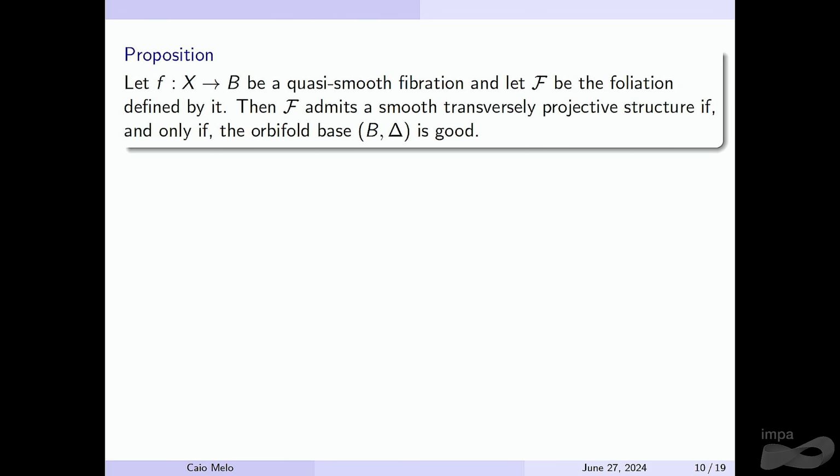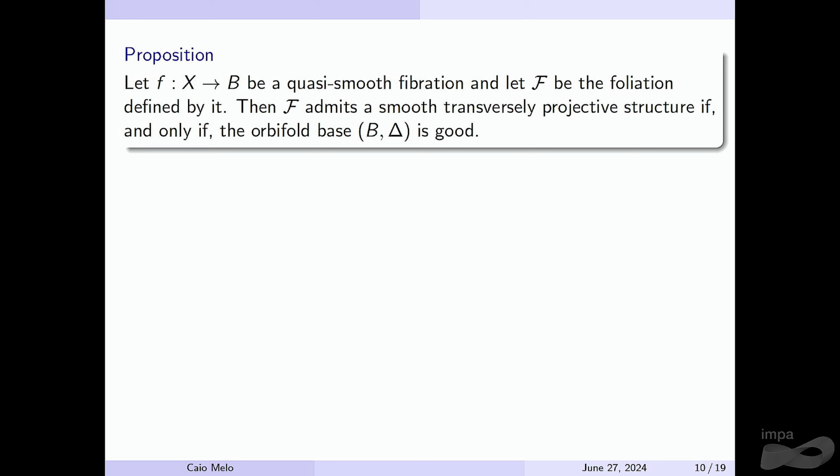And why bad orbifold? In the case of fibration, this is exactly the case. The good orbifold is exactly the case when the induced foliation admits a good smooth transversely projective structure.